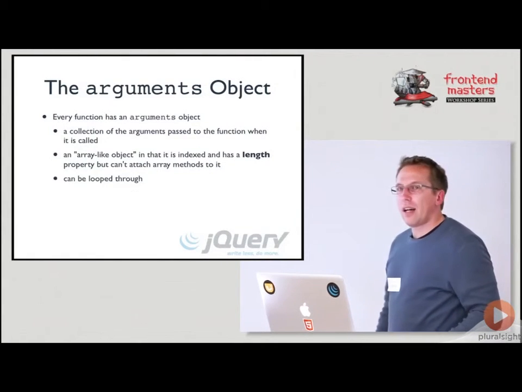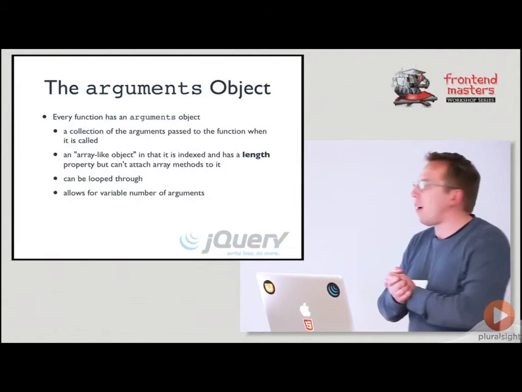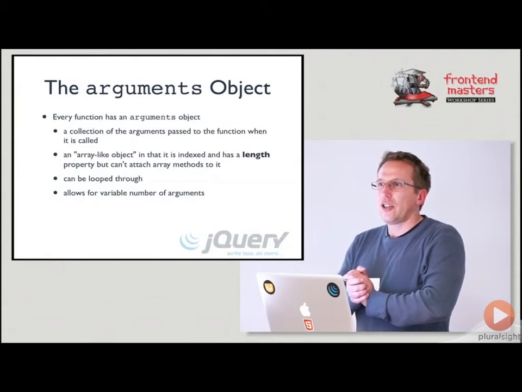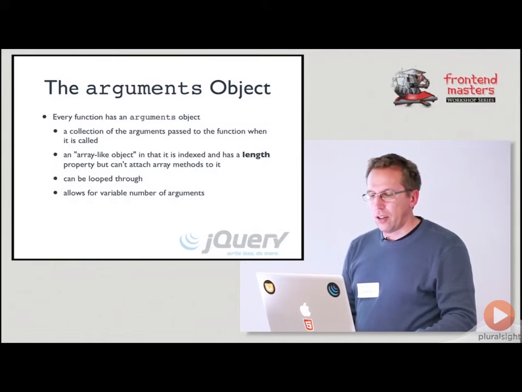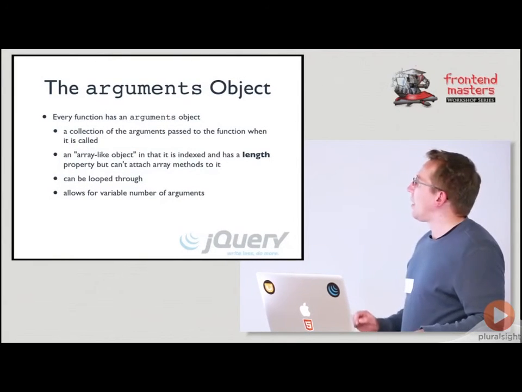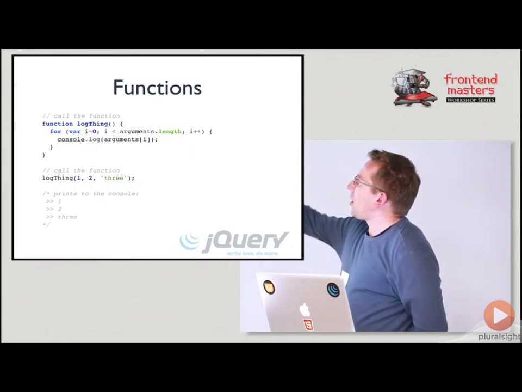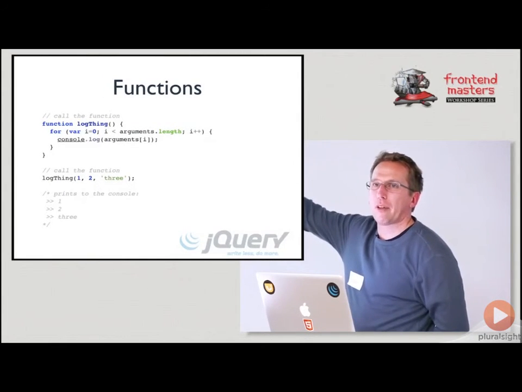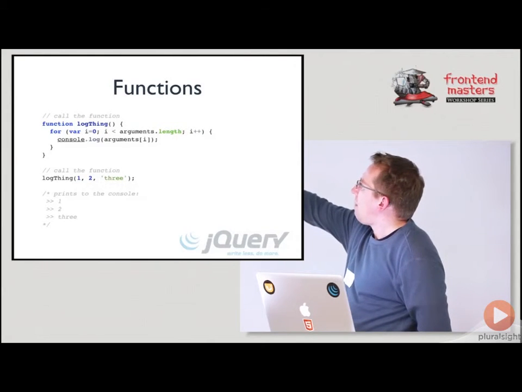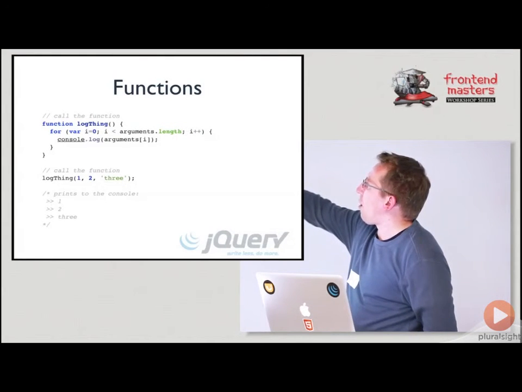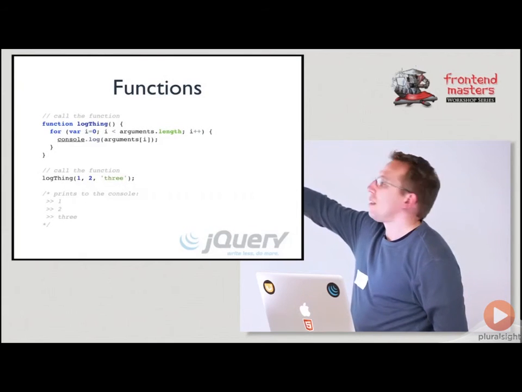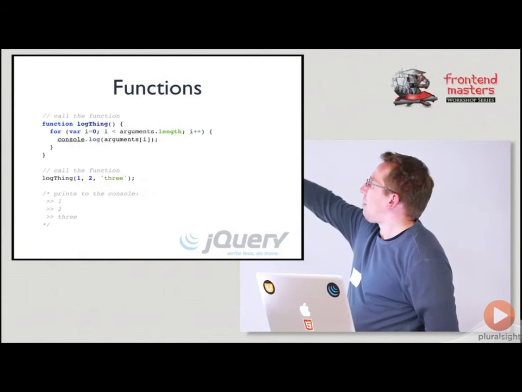And what this does is it allows for a variable number of arguments. Right? So you could do something crazy like this, like function log thing. And notice I have no parameters in there. I have no explicit parameters. But what I'm going to do is say for var i equals 0, i is less than arguments.length, i++.